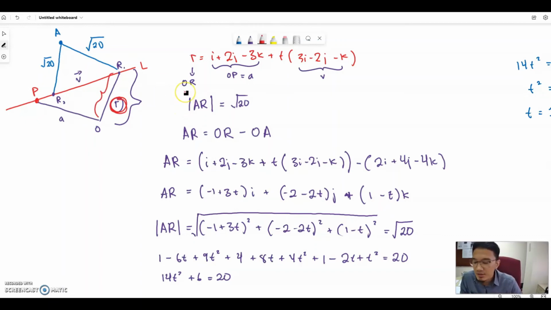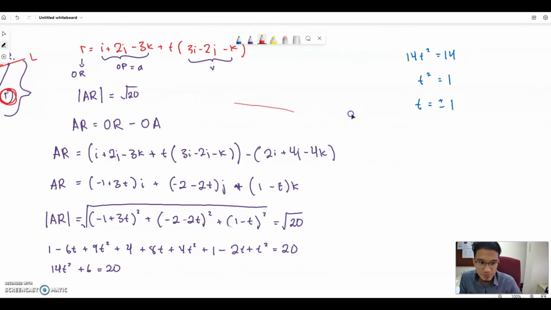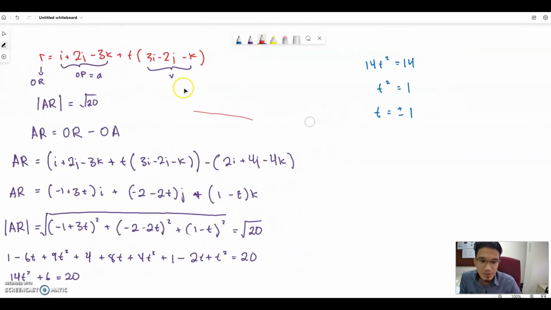Sorry, not direction vector but position vector. Just use back the vector equation from here, but now you have to substitute t with positive and negative 1.